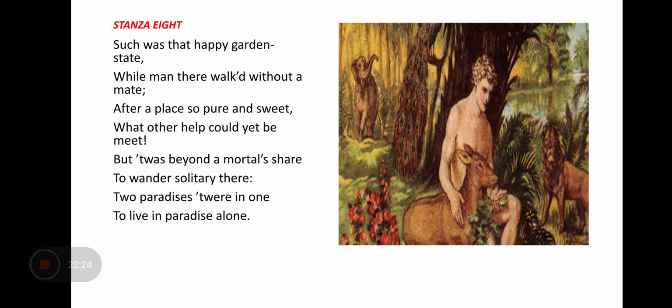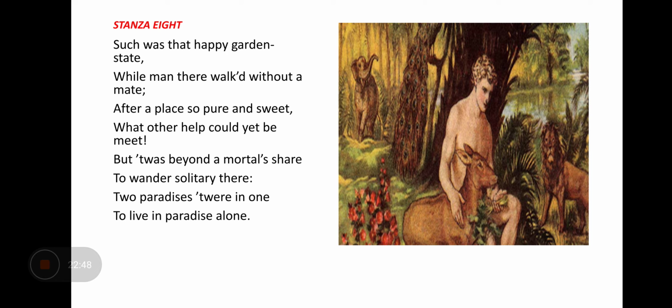As Adam was happy in paradise, in the same way, the poet is also happy in the garden because he is alone, he is lonely, he is leading his life in the company of nature. When he found himself in such a pure and sweet place, no companion could have been appropriate for him, as the poet says.